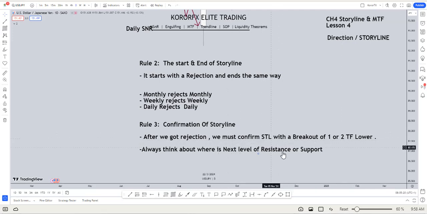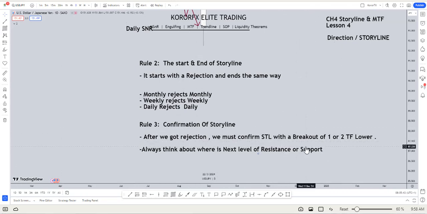So a storyline without a breakout, a rejection without a break, means there is no confirmation. If the rejection comes, we must also confirm the storyline with a breakout that is happening one time frame lower from the rejection time frame or two time frames lower.